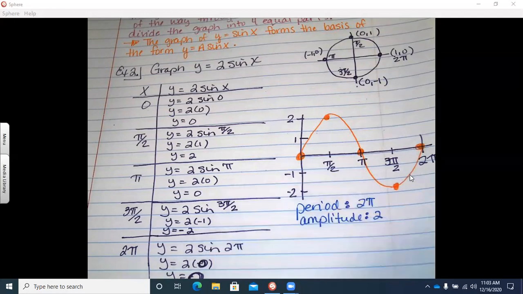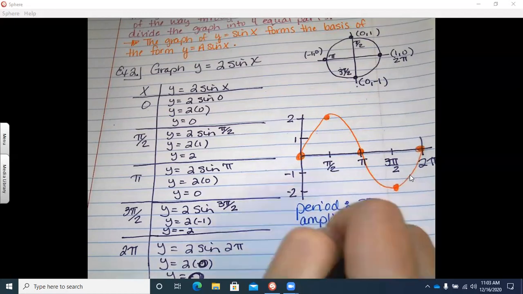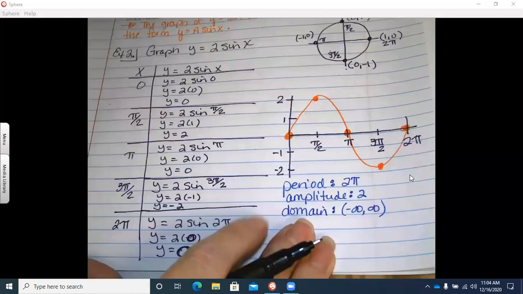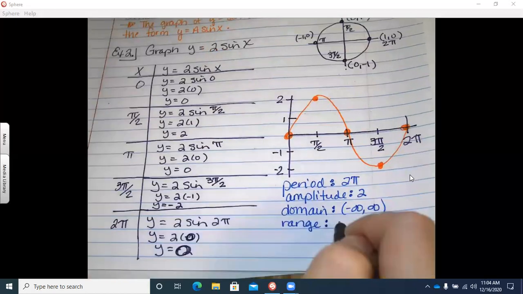Yep, negative infinity to positive infinity. What do you think the range is? -2 to +2, least to greatest. So is -2 included? Is it part of the range? Yes, so we use a bracket. All the way to +2. Is +2 included? Yes, we'll use a bracket.